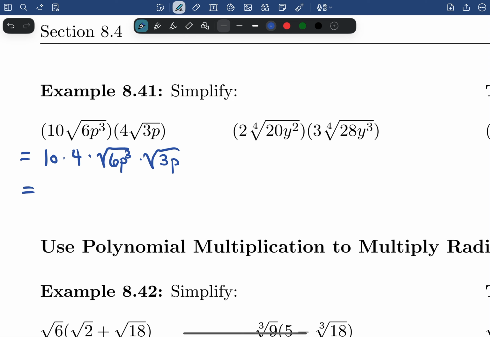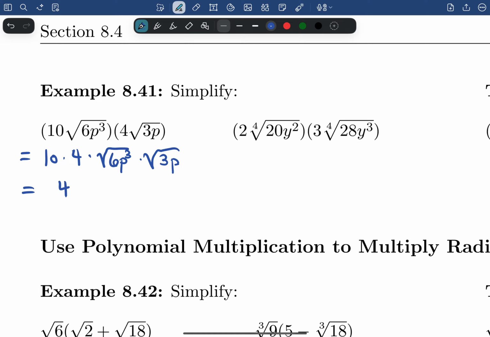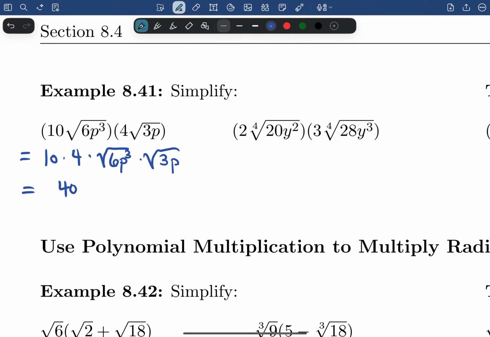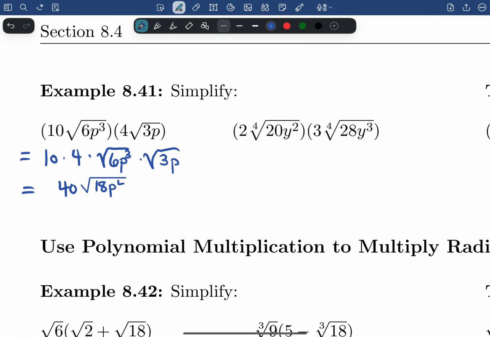And so now it'll make sense why I'm taking 10 times 4 to make 40. And I'm going to use the product property to combine these two square roots into a single square root, multiplying their stuff together. Now, 6 times 3, that's 18. And p cubed times p is p to the 4th. Like this.